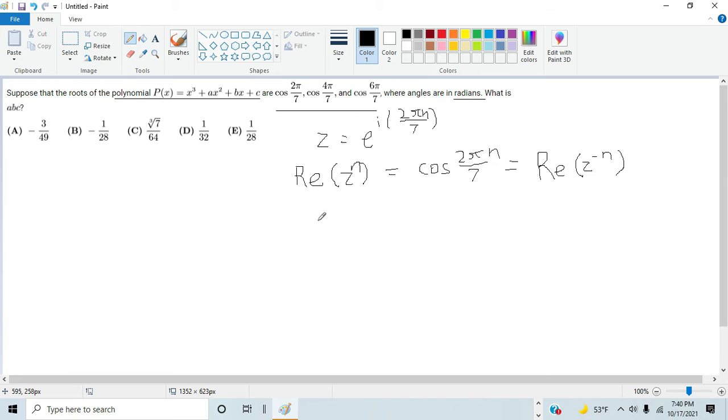So this means that we can compute each cosine of 2 pi n by 7 as simply z to the n plus z to the minus n, divided by 2.